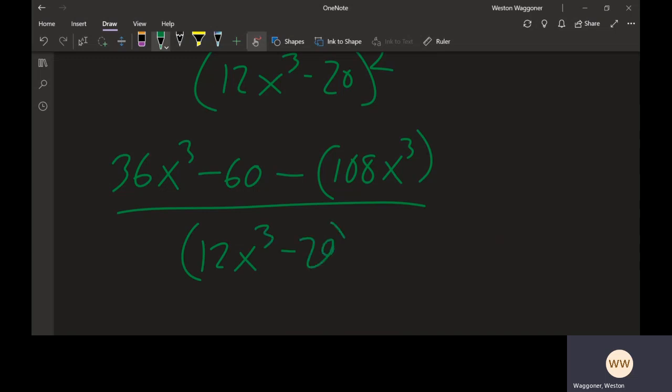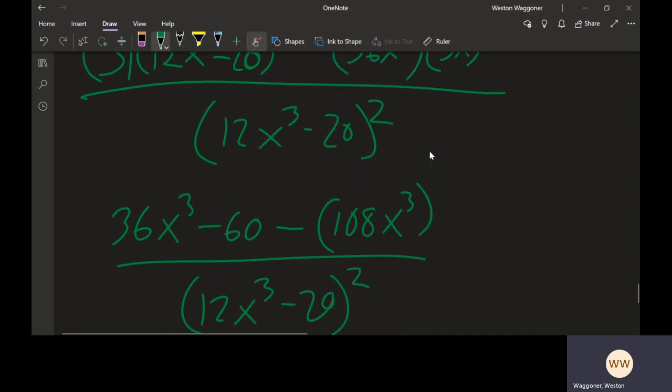All right, so this is going to be 20 plus 2. And we don't do anything to our denominator, the bottom part of our fraction. So what we really have in here is now 36x to the third minus, because since this is positive and we multiply by a negative, it's going to just be a negative. We could have really just dropped these parentheses at this point.